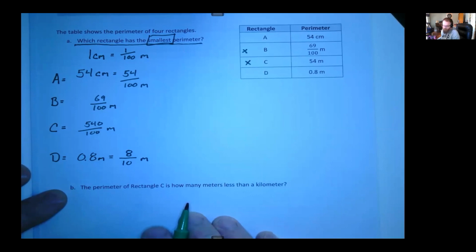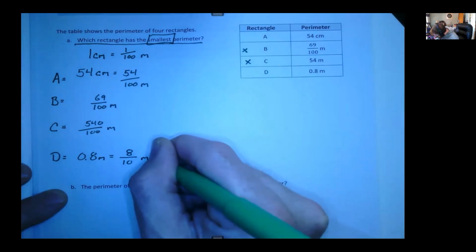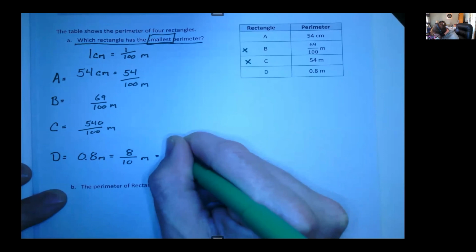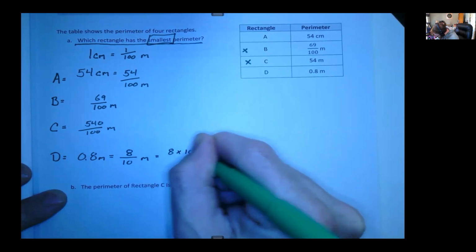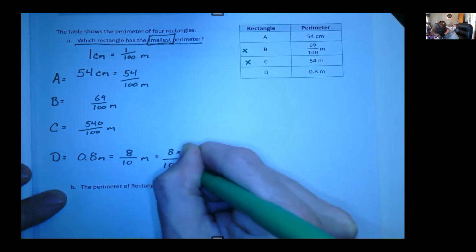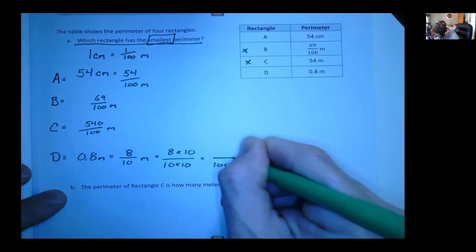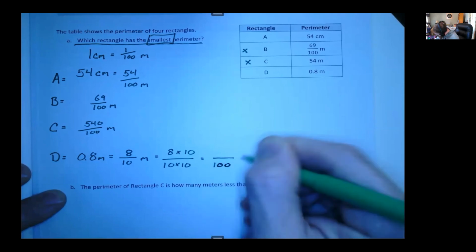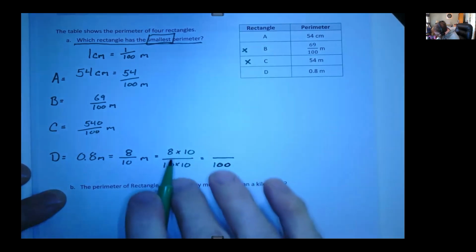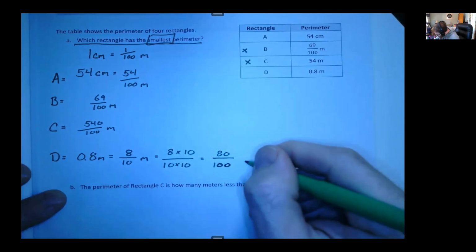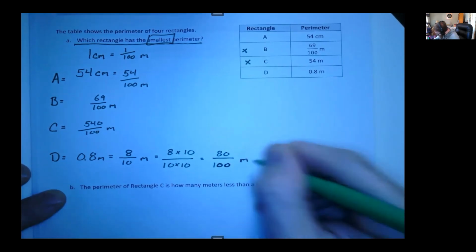So how do you convert 8/10 to 1/100ths of a meter? With a little multiplication. Change your denominator to 100 by multiplying times 10. And if you're going to multiply your denominator times 10, you also need to multiply your numerator times 10. So rectangle D is 80/100ths of a meter.